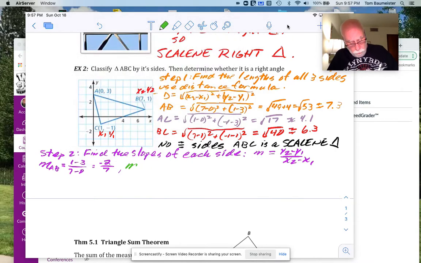The slope of AC, if I take that one again, I'm going to take negative 1 minus 3 over 1 minus 0, which will be negative 4 over 1, or just negative 4.